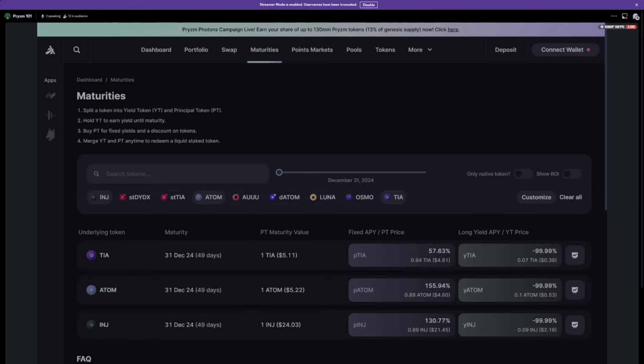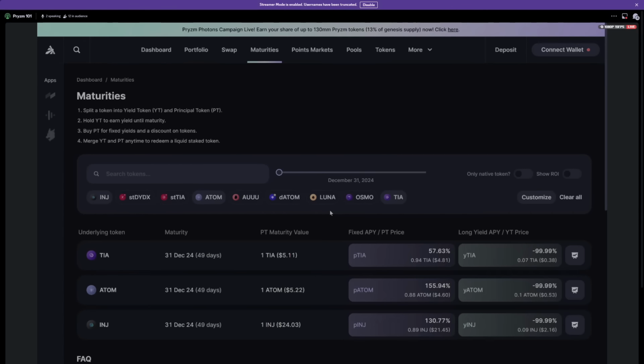Next one is actually a super simple one. The question is how to refract and merge assets, and what can you do with the P token and Y token after you've refracted them? The way I like to think about Pryzm is it's like liquid staking, but way better.